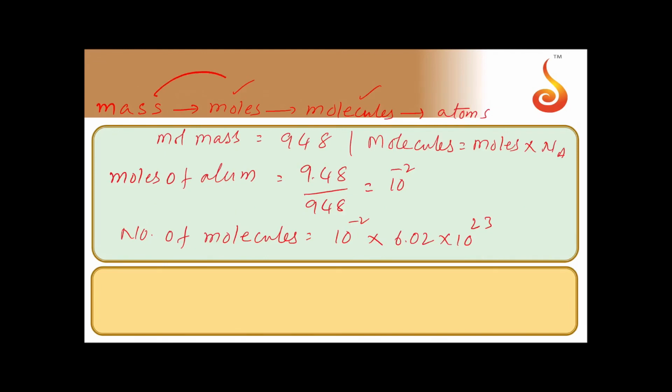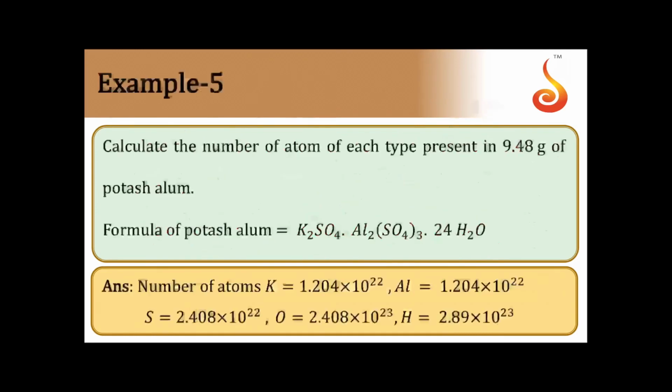So the principle is mass to moles, moles to molecules, molecules to atoms. For mass to moles we divide by the molar mass of the substance, for molecules we multiply by Avogadro's number, then to get the number of atoms, we multiply by atomicity. So these are the answers given to us.